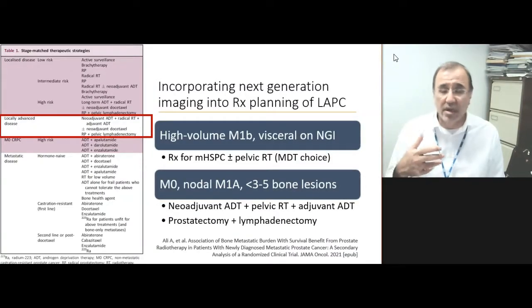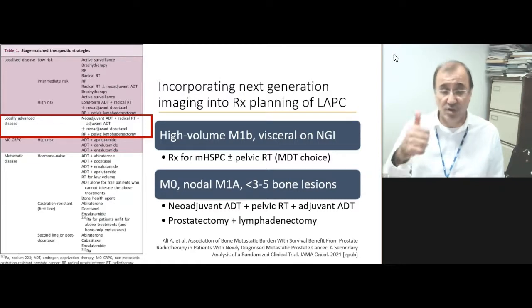So the way we approach this is to say, well, if you've done next generation imaging and there's high volume disease or there's visceral disease, then you should treat for metastatic hormone sensitive prostate cancer, which we'll come to, and the use of pelvic radiotherapy depends on what the MDT decides.